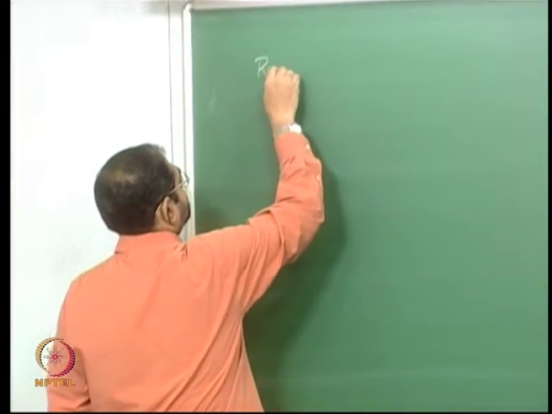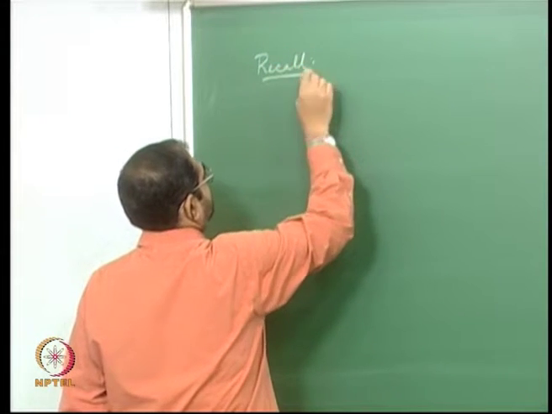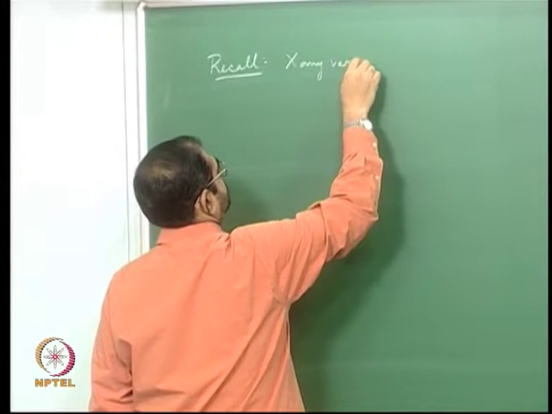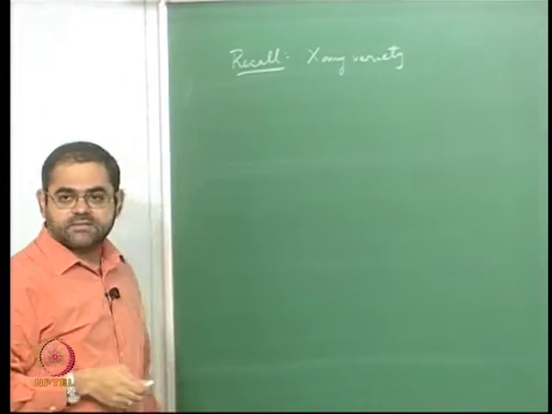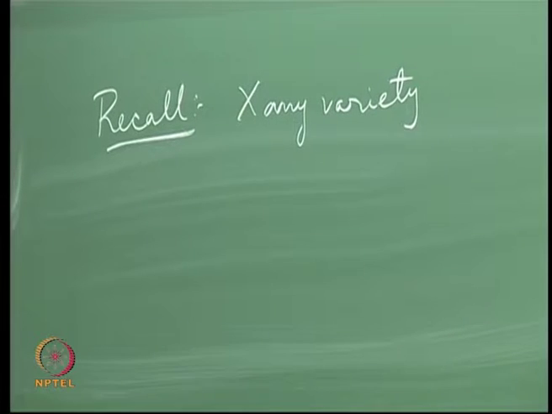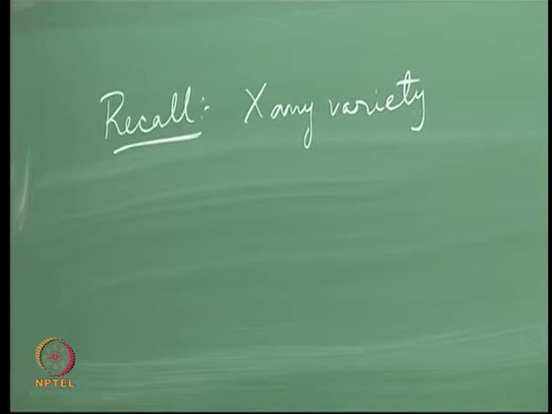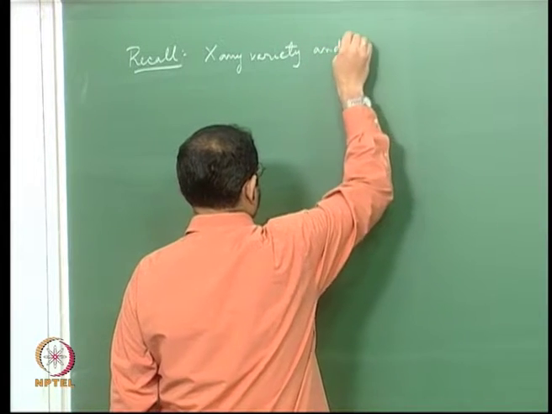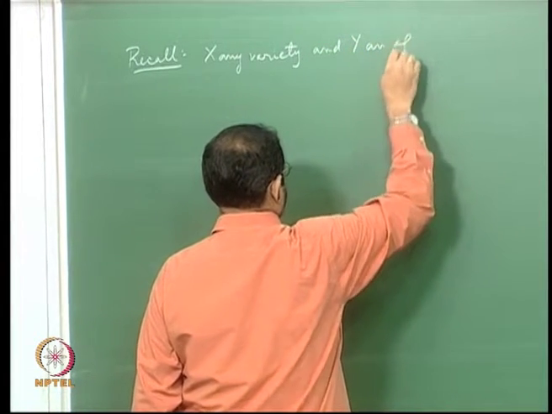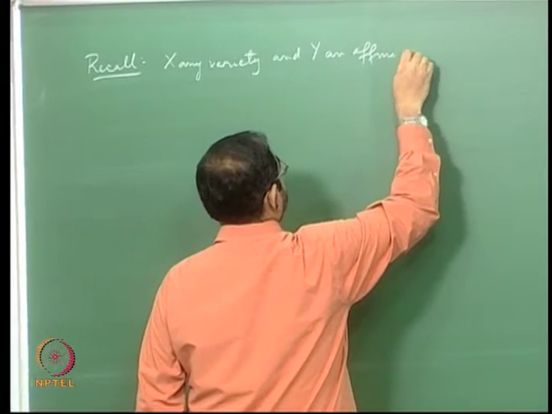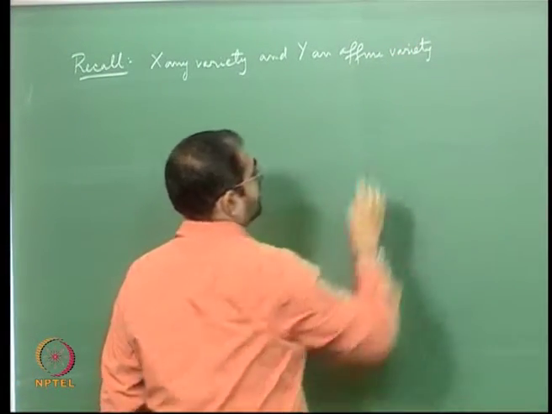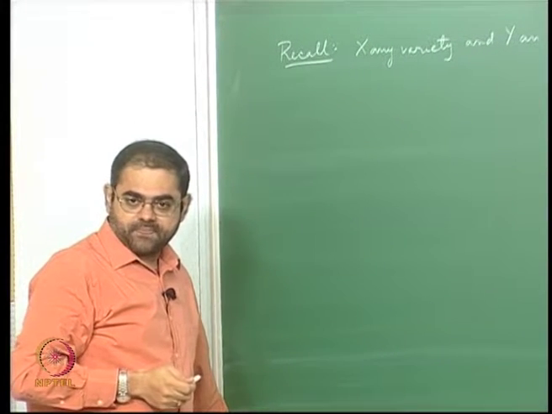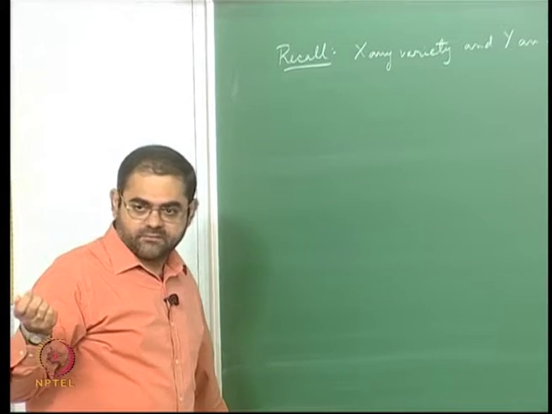So if you recall, X any variety, of course here for us any variety will mean either affine variety or quasi affine variety. And Y an affine variety, which means Y is an irreducible closed subset of some affine space over an algebraically closed field, of course.